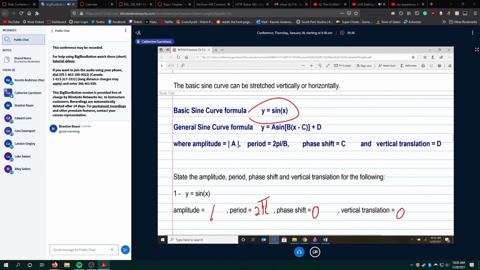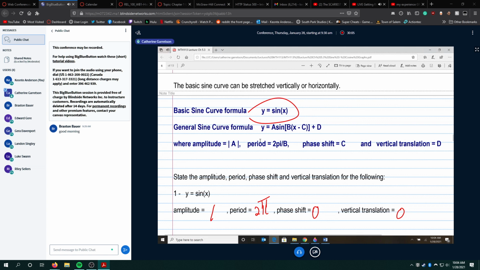The vertical changes always occur outside of the angle. So I can cause this to be moving up or down by adding or subtracting something to it vertically. I can also increase the amplitude outside of the angle. So that's a vertical change, changing the vertical amplitude.